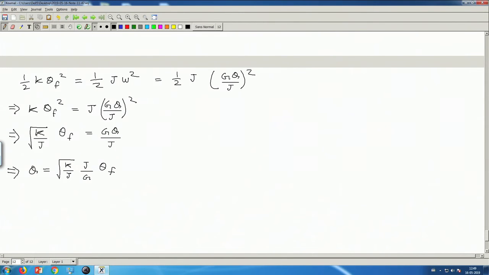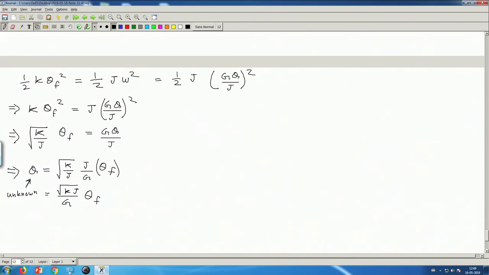So, you can write this as root over KJ divided by G multiplied by theta f. Q is the unknown that we want to find out.